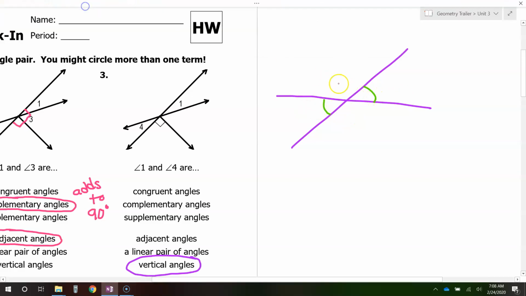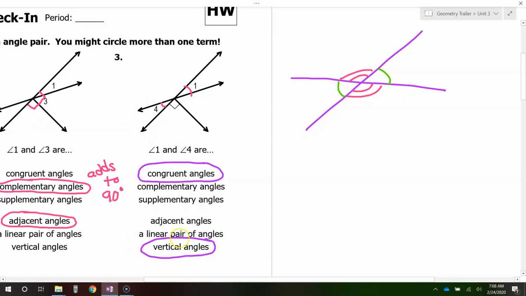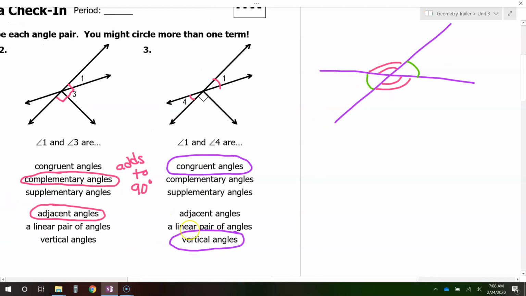But also, these angles are vertical angles, this pair. Okay, and that's what you have here. So angle 4 and angle 1 are vertical angles, so they will be congruent. They're not complementary, they're not supplementary. They're not adjacent, right? They're not side by side. They're not a linear pair, so it's just these 2 things.